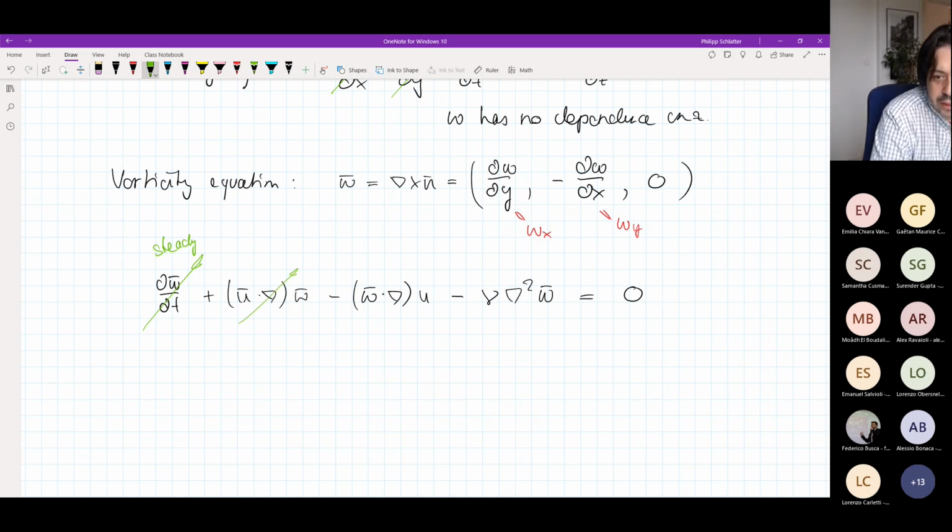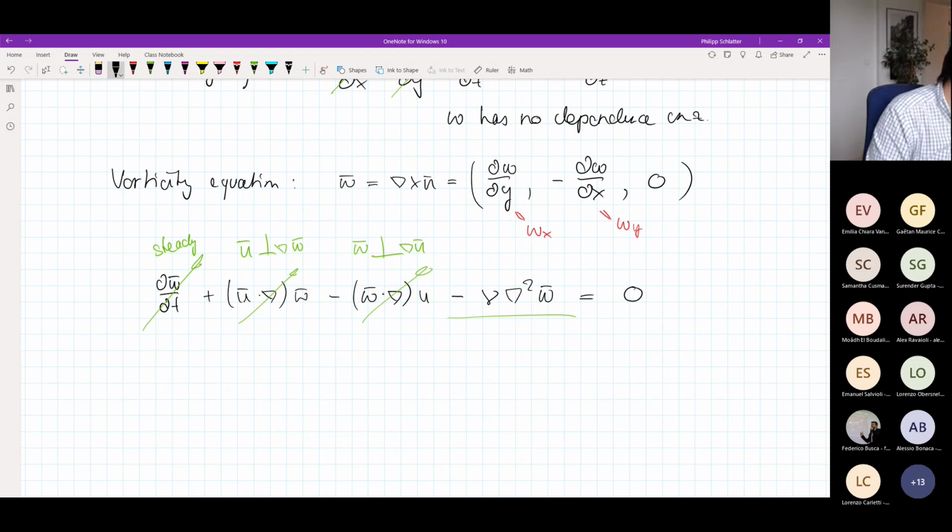This one, the nonlinear or the advection term, also goes away because it turns out that the velocity u will be orthogonal to the changes of omega. The third term, the vortex stretching term, goes away for similar reasons because omega is in fact orthogonal to the changes of u. So what is left is only this term here, the viscous term.